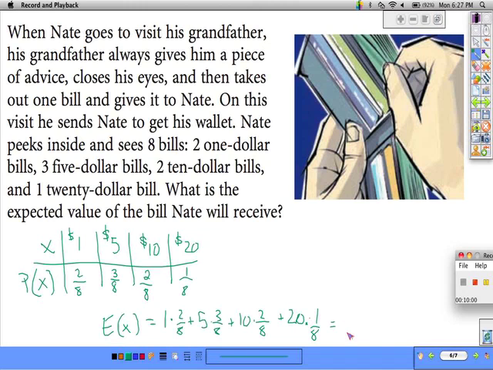And what you should end up with is 7.125. What this means is that if I go visit Grandpa a whole bunch of times and repeat this process with the same bill combinations, I would expect on average to be making just over $7 every time I go visit. That's what expected value is telling me.